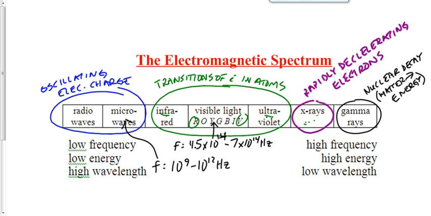Sorry, I should have said 4 to 7.5, not 4.5 to 7. Got to be a little bit more specific here, but that's okay because there's only 3 ranges we got to remember, right? 4 to 7.5 times 10 to the 14 hertz. In X-rays, 10 to the 17 to 10 to the 20 hertz.